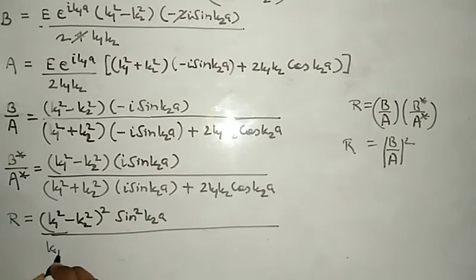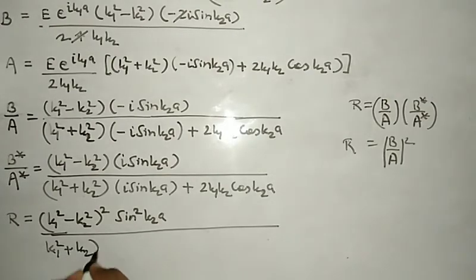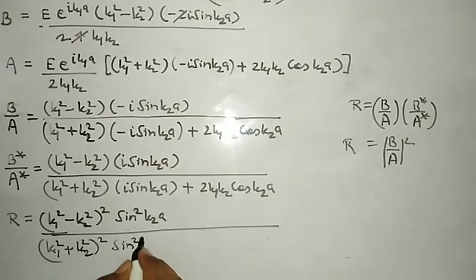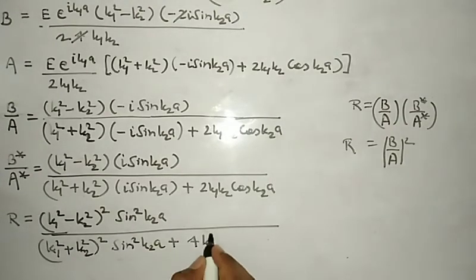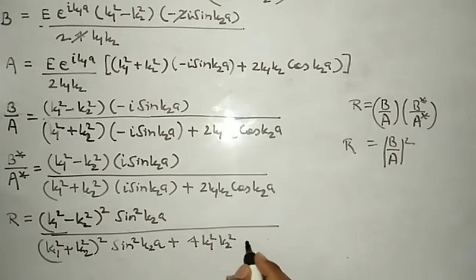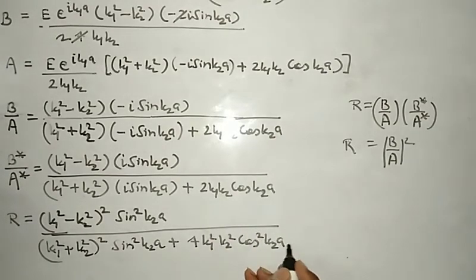Writing again k1 square plus k2 square whole square, and this is sin square k2a plus 4 k1 square k2 square cos square k2a.